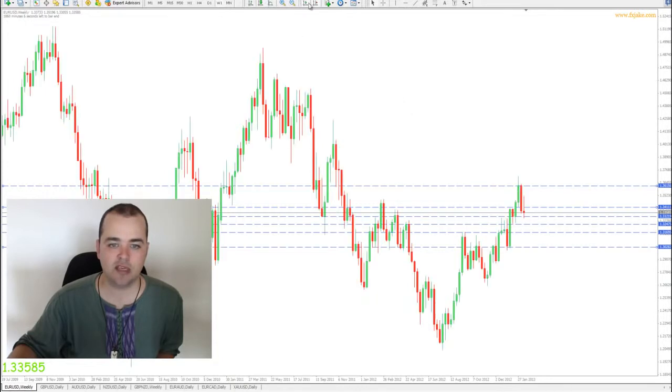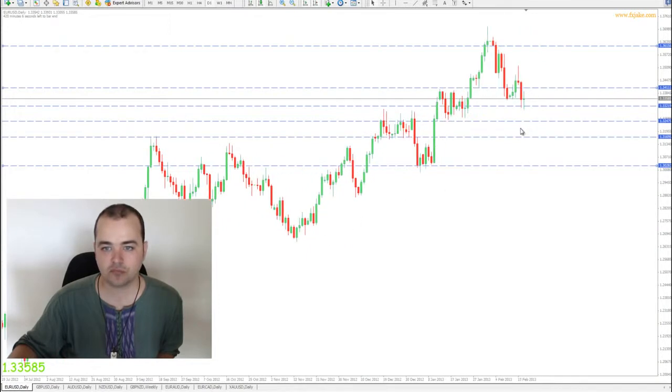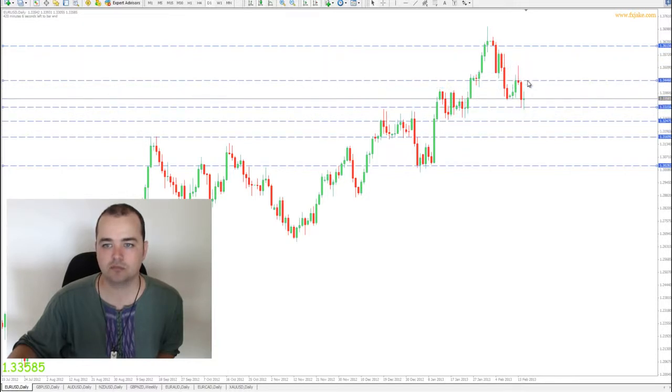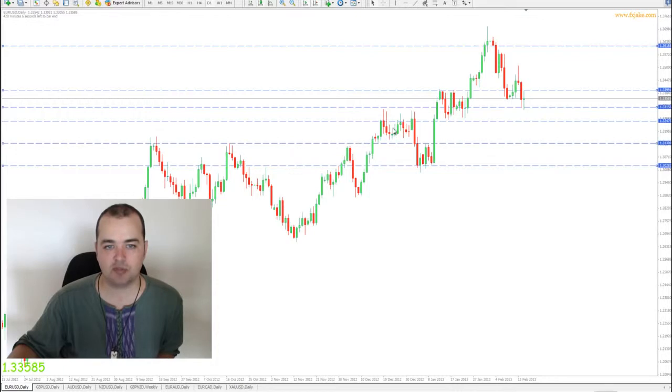Now I'll put it back onto candles, and then I'll go to the daily chart, and I'll just line these up a bit better. Sometimes they're just a couple of pips off.